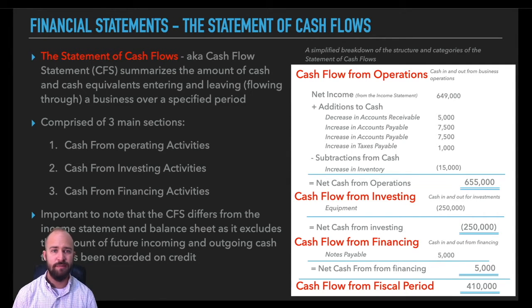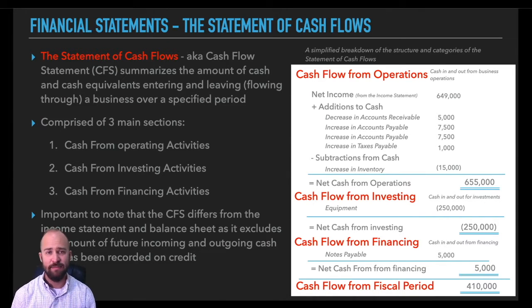But generally we're talking about changing levels of credit between a company and its customers or between a company and its vendors. So a decrease in accounts receivable basically just implies that we collected more cash on debts owed to us than we did extend new credit during that accounting period. So that in and of itself implies that we have an increase in cash.